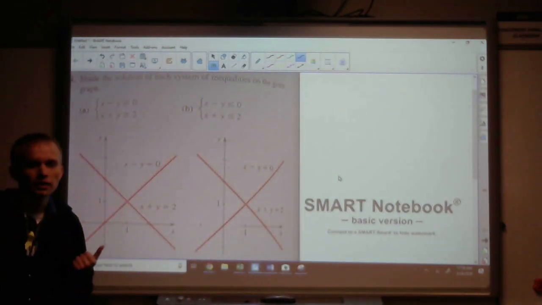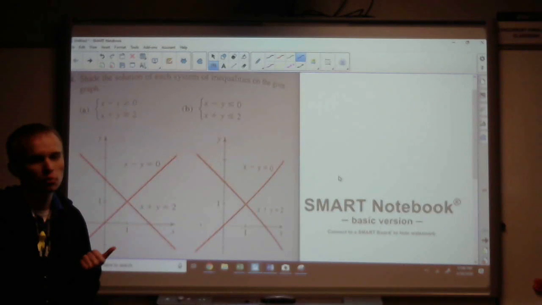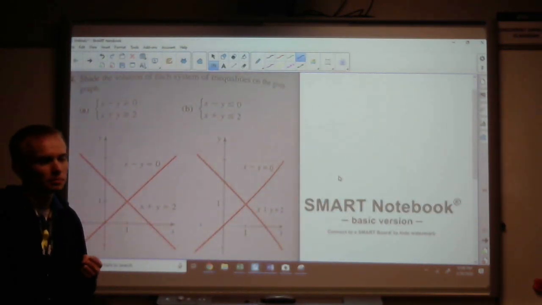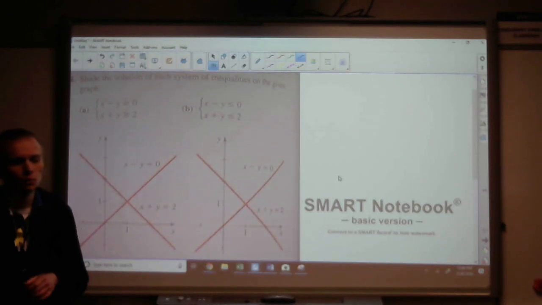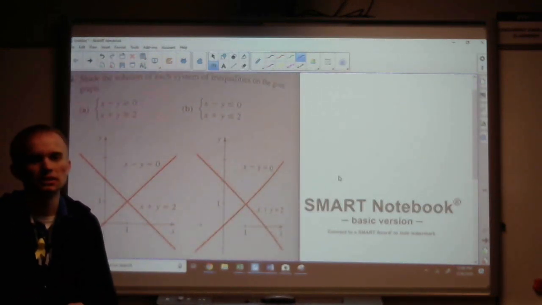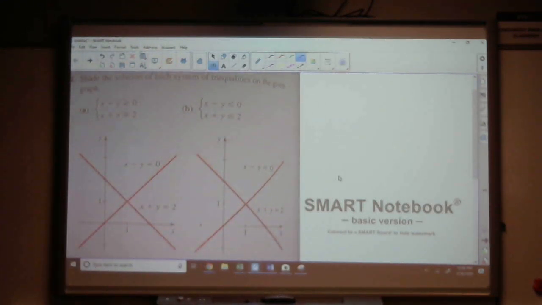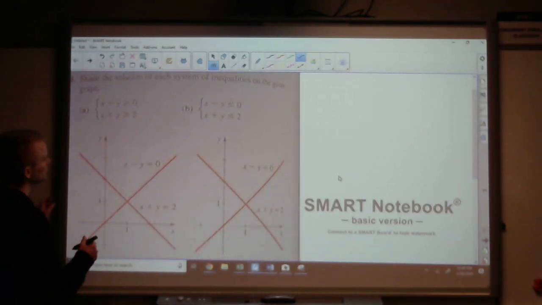Today I'm going to be looking at section 5.5, homework problem number 4, which gives you a system of inequalities and wants you to fill in on the graph where the solution to the system is. Okay, so I'm not sure if you can see this very well.